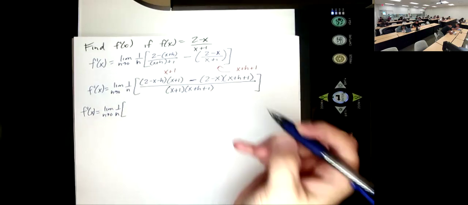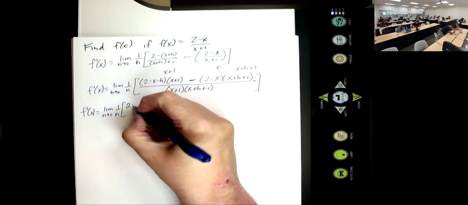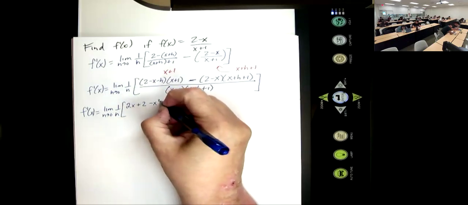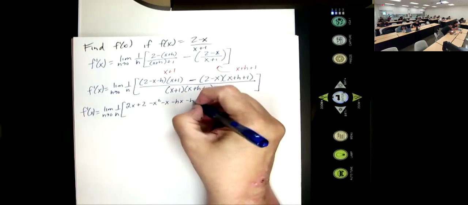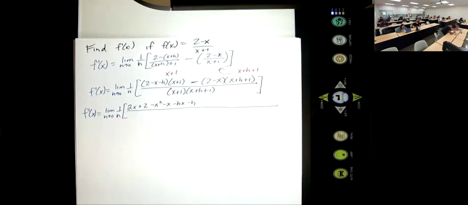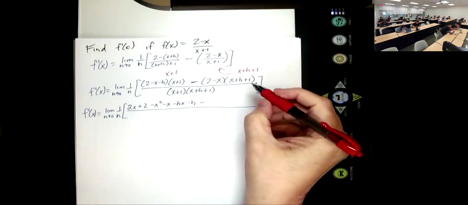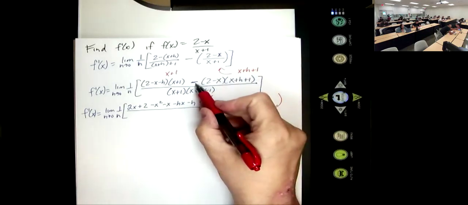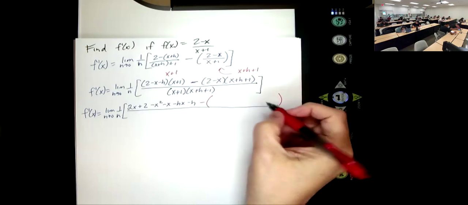Yep, well, you get to multiply it all out. So I have 2x plus 2 minus x squared minus x minus hx minus h. That's the left one. I'm gonna put this in parentheses, that way I'm not dealing with this minus sign right now. I'm just gonna do the product and do the minus afterwards.